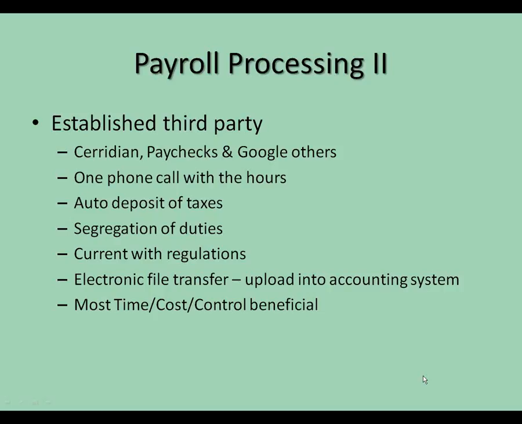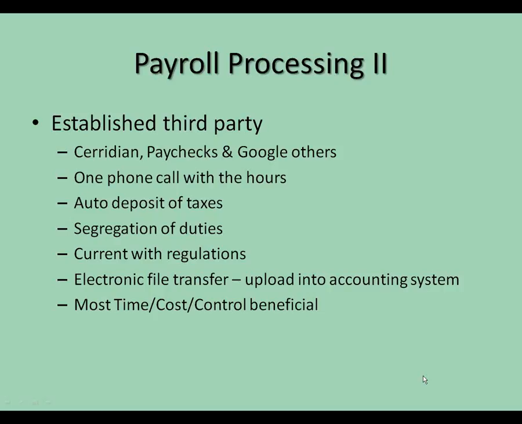The thing about a third-party processor is they're going to be current with the regulations and changes at the federal or state level with unemployment, labor and industries here in Washington, FICA, FUTA, Medicare. Most often, 99% of the time, these third parties can do electronic file transfer. You can download a file that you can likely upload into your accounting system.